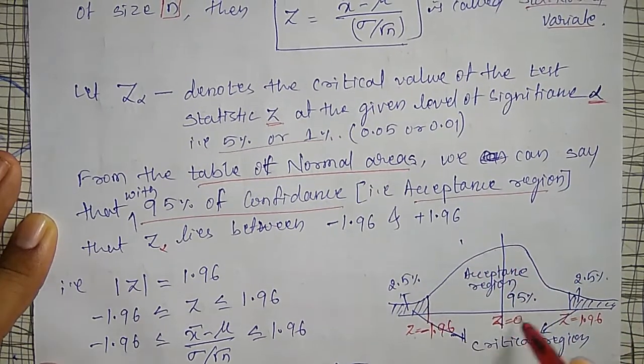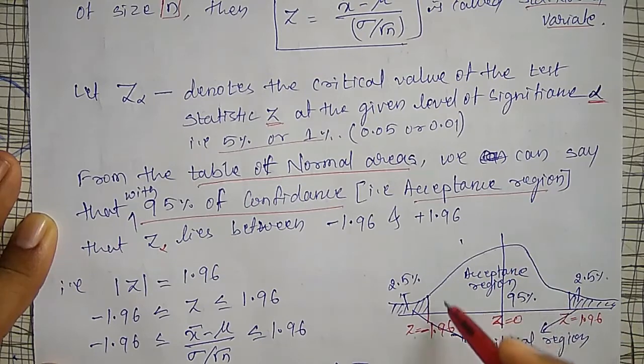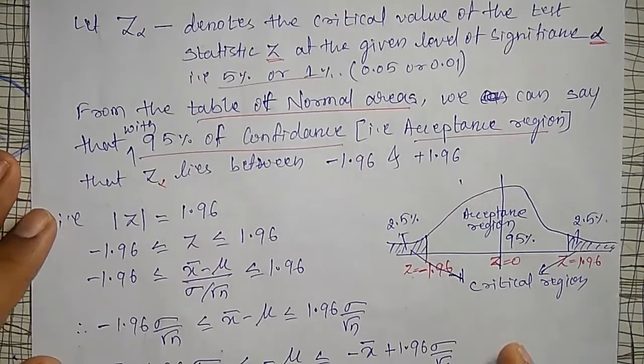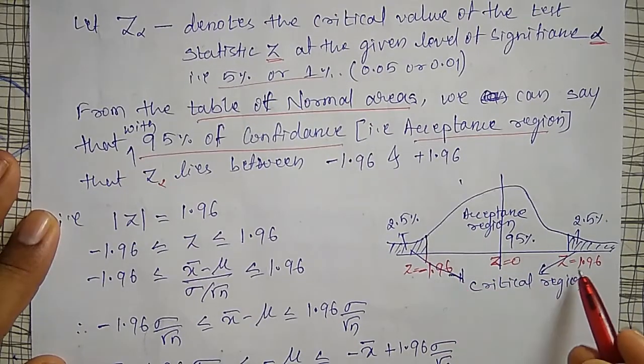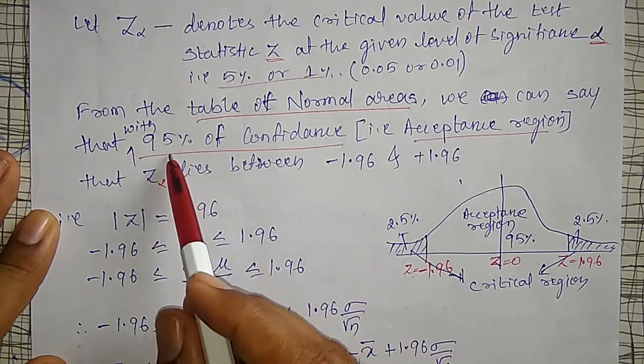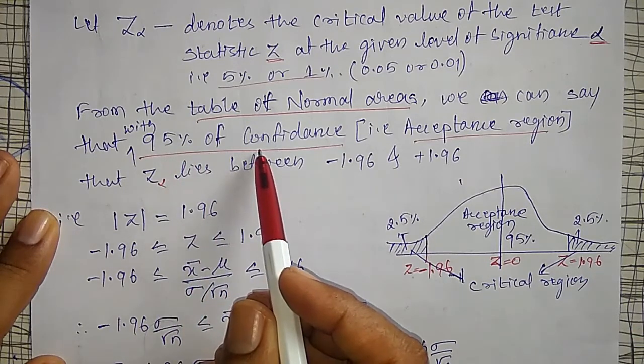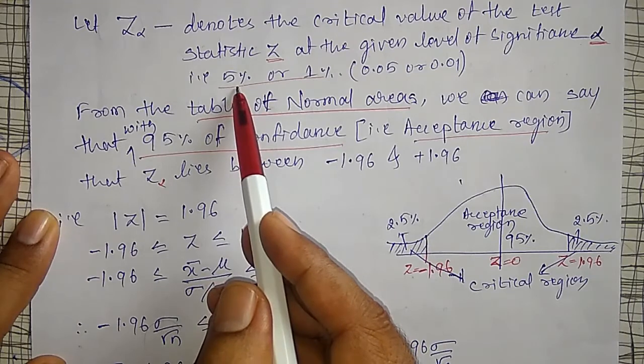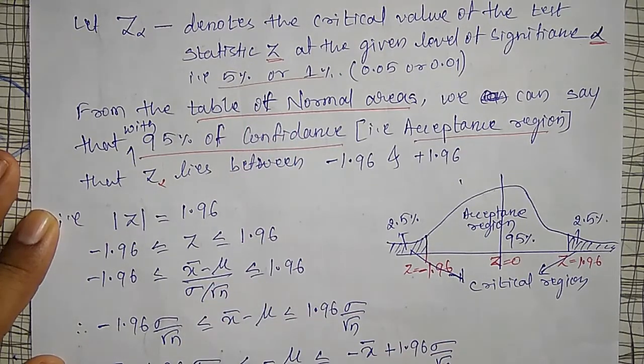Our 95% of area is lying between z equal to minus 1.96 and z equal to 1.96. That is for 95% confidence, or you can say 5% significance.